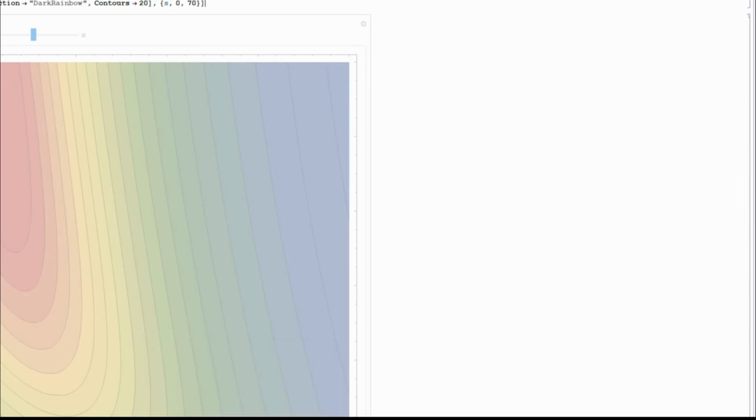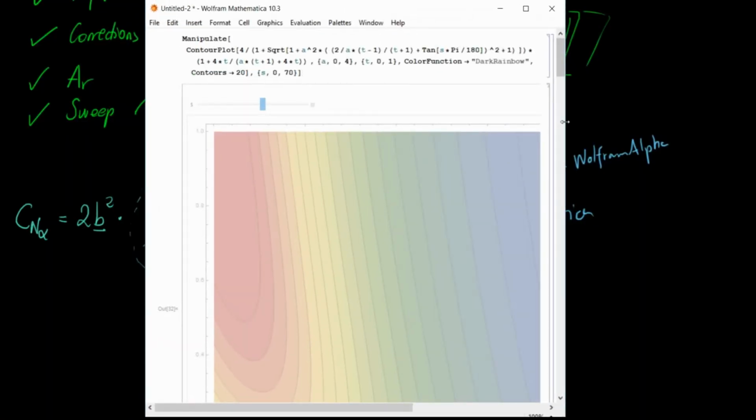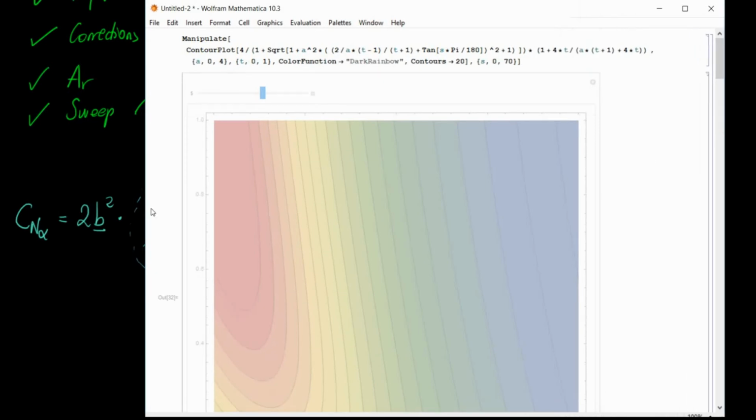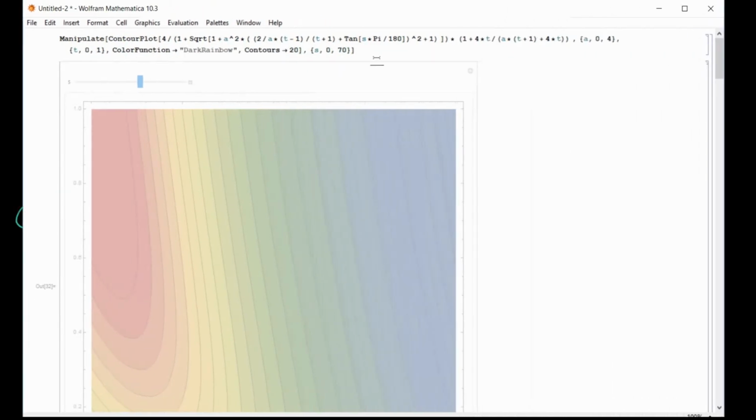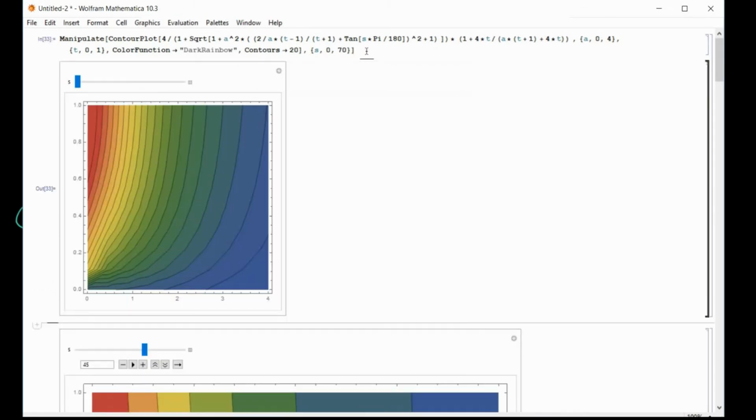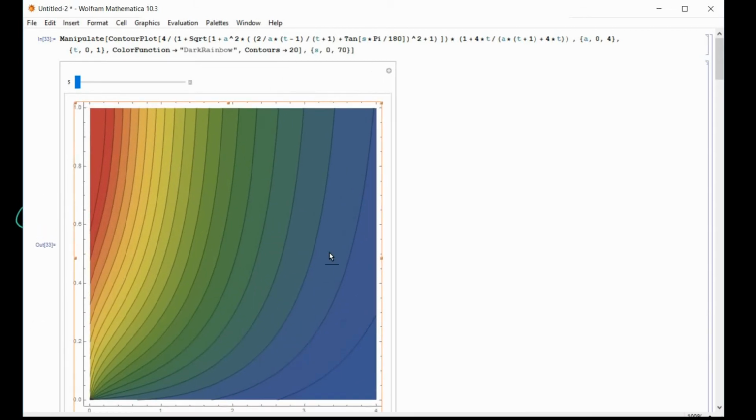So let's see. I'll fit this in. Yeah, Mathematica is nice for this. You'll see now. Okay, so let's make this big. Cool. I called A aspect ratio, T taper ratio, and S the sweep angle in degrees.